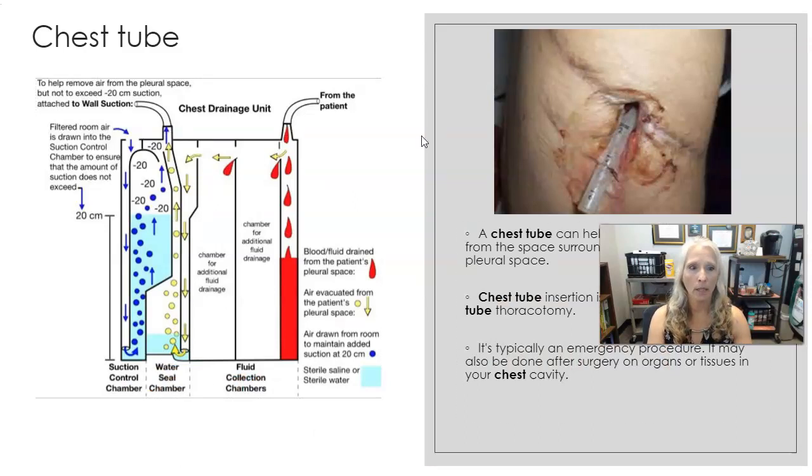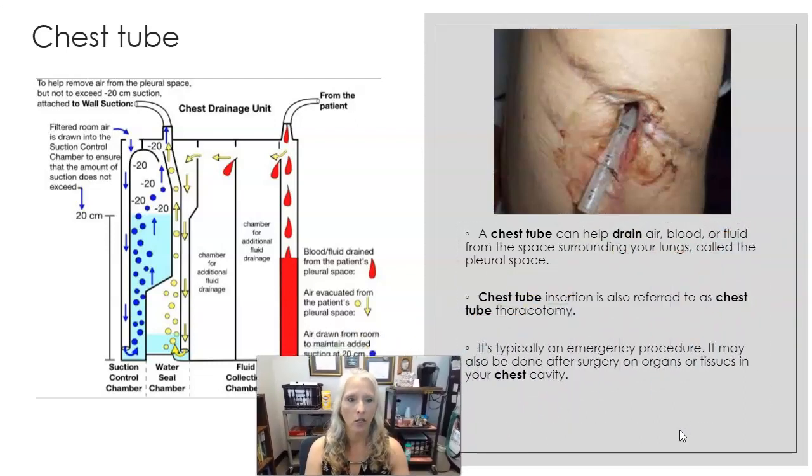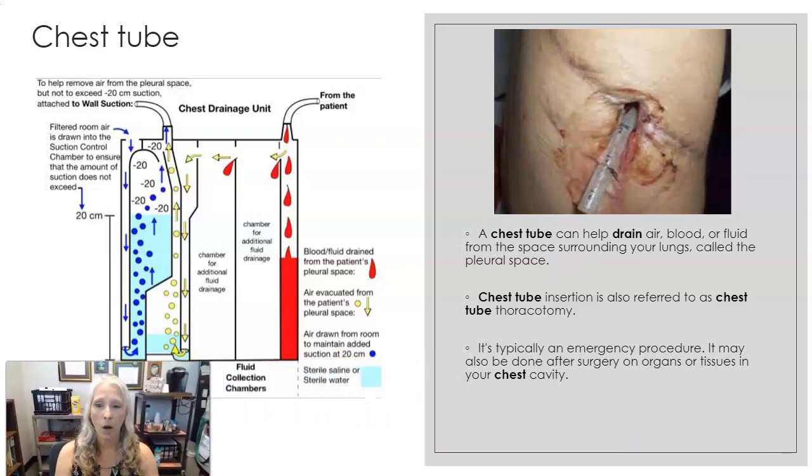So a chest tube is placed. You can see the scar still from the open thoracotomy on this patient. A chest tube helps to drain the air, the blood, the fluid, regardless of what it is, out of the patient's pleural spaces. They'll call it a chest tube thoracotomy when they do it in order to place the chest tube specifically.